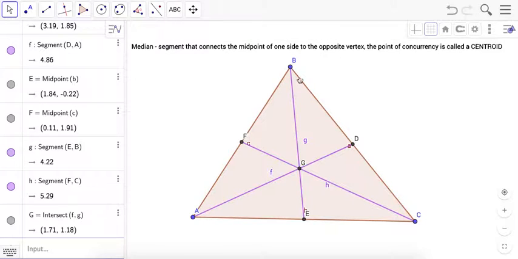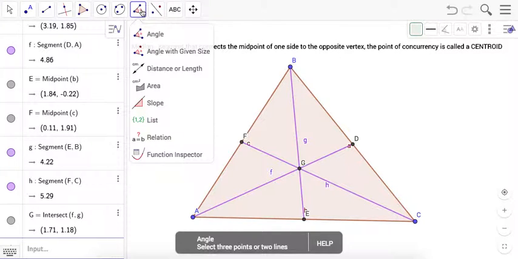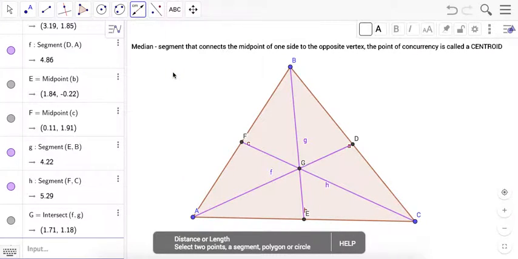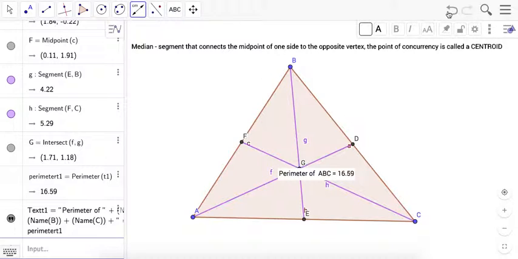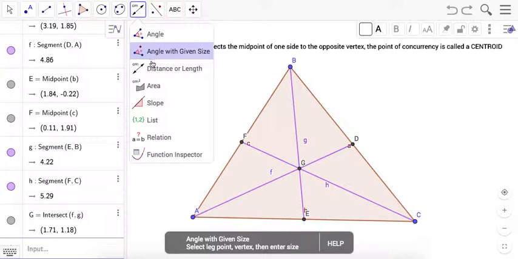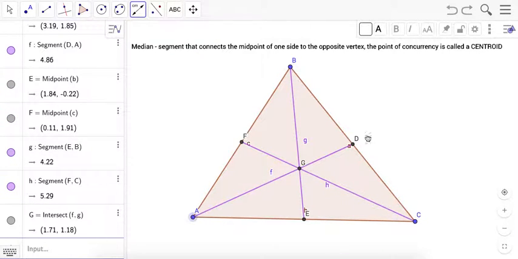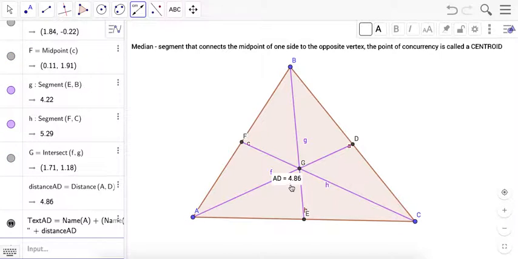And what's interesting about this centroid is if we get some distances in here, let's do the lengths of each of these medians. So let's find the length of this median. Oh, oops, I didn't want the perimeter. Okay, distance from this median from A to D. A to D is 4.86.